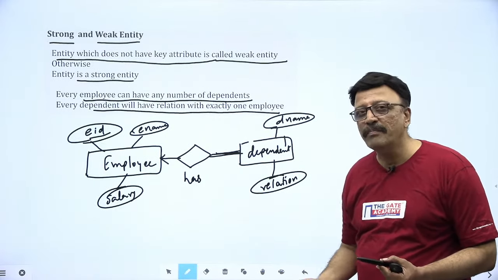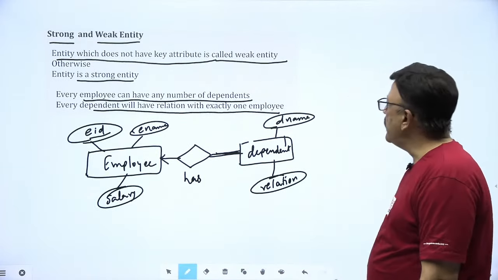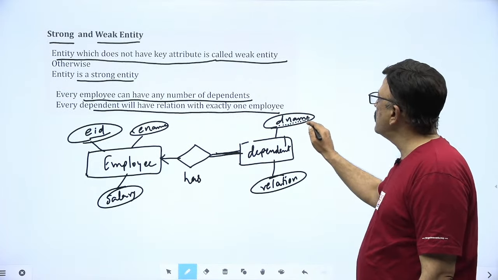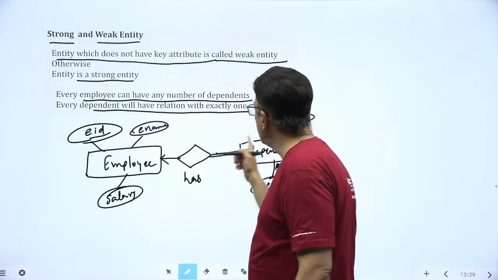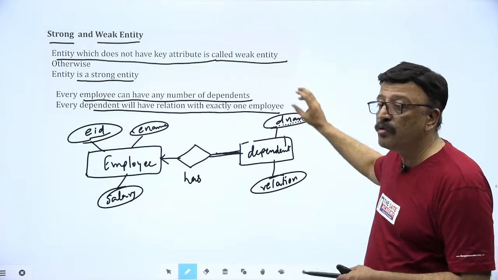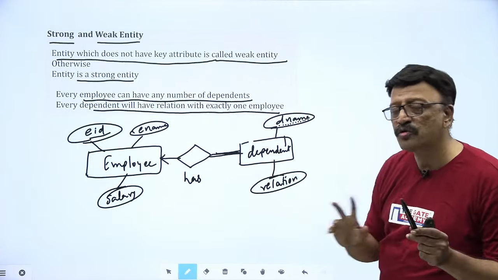How are you going to call the dependents? By their names. What we then do is these names are dashed. They are not regularly underlined like the key attributes, but they are only dashed. We say that they are identifying attributes of dependents. They are not key attributes. Why?